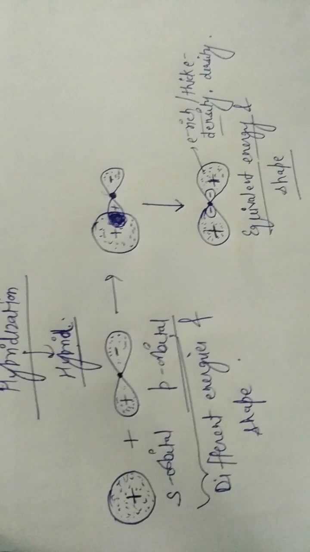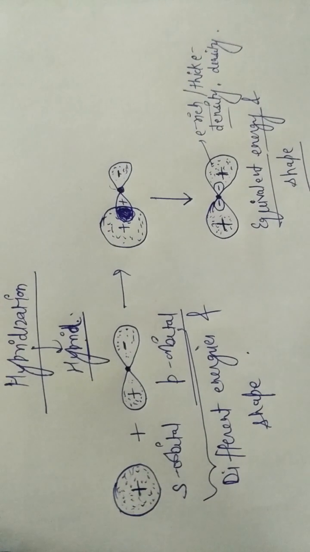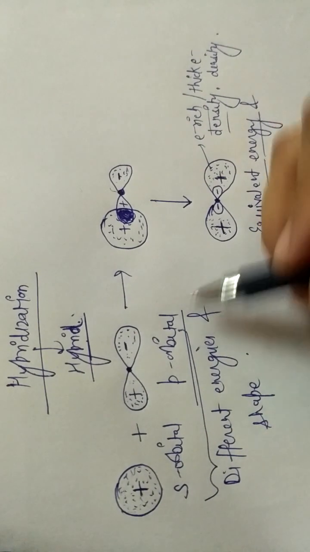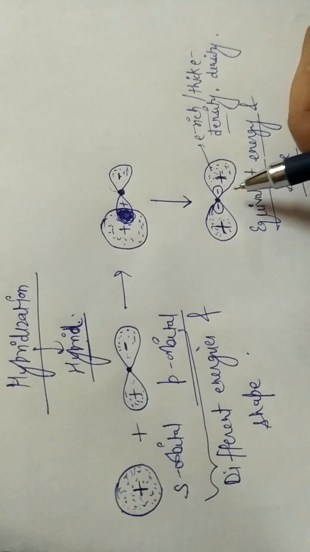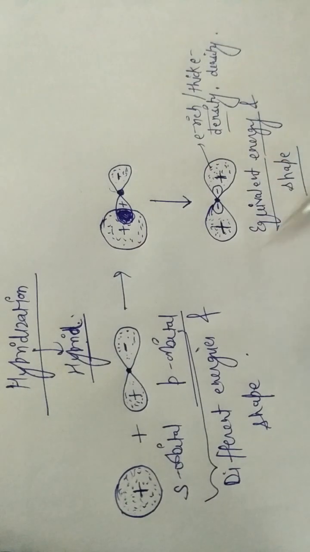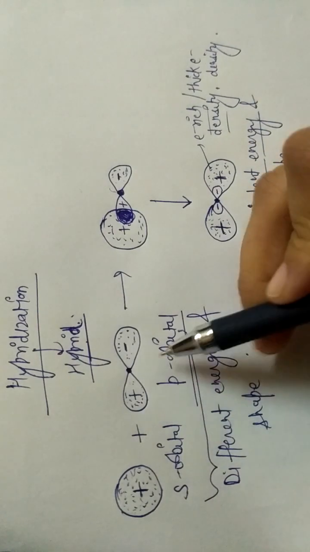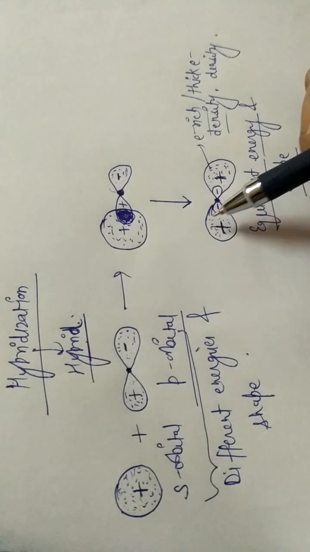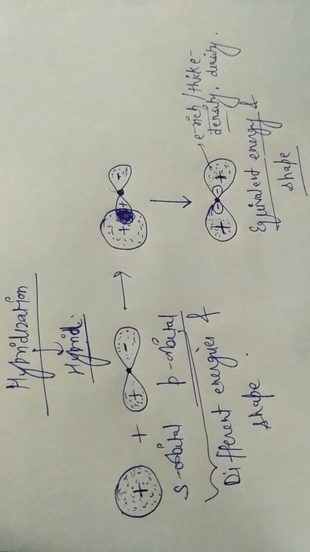So now why are we doing hybridization? What is the need of hybridization? We are doing hybridization because as these two orbitals undergo overlapping, they form an orbital that has equivalent energy and shape. They have the same energy and shape. Earlier they had different energies, and due to this different energy, if they form a bond with any other orbital, that bond is weak in comparison to the bond formed by the hybrid orbital with any other orbital.